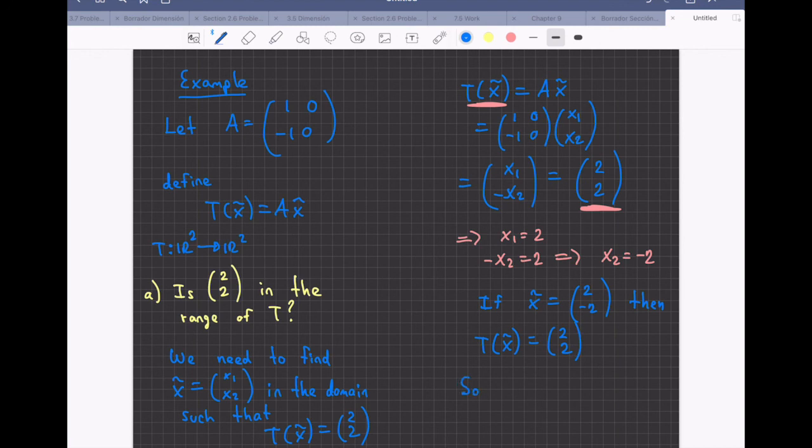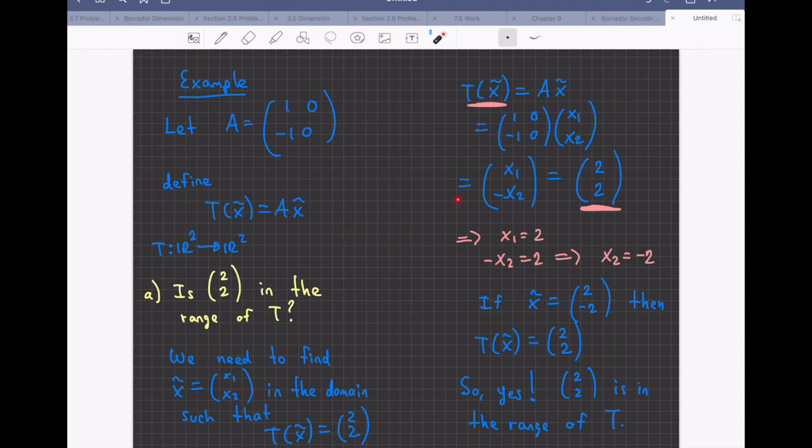So yes, 2, 2 is in the range of T. Why? Because we were able to find a vector x, in this case 2, negative 2, such that when we apply the transformation, we obtain 2, 2. Is that okay?